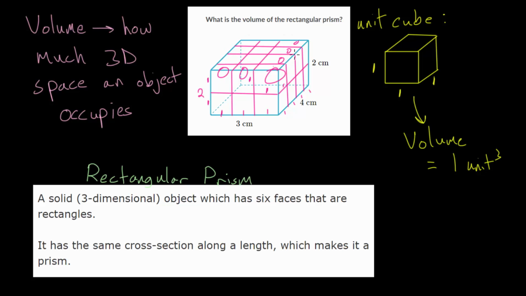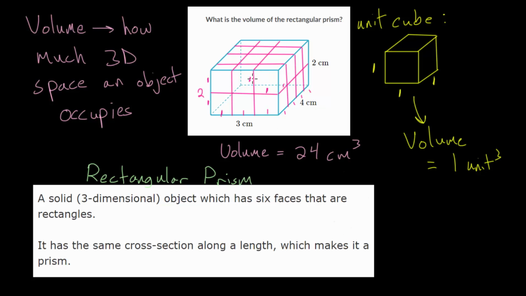So we have 12 of these unit cubes up top, and then there are essentially 2 rows of these 12 cubes. So 12 plus 12, that's 24. So the volume of this rectangular prism is 24, and we're going to deal with cubic centimeters.